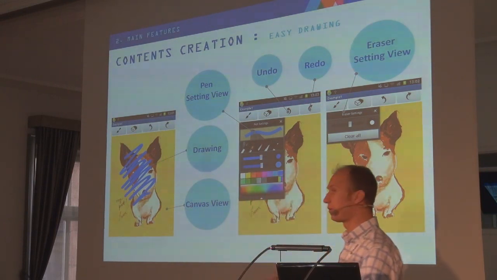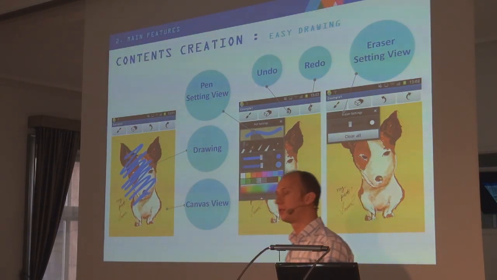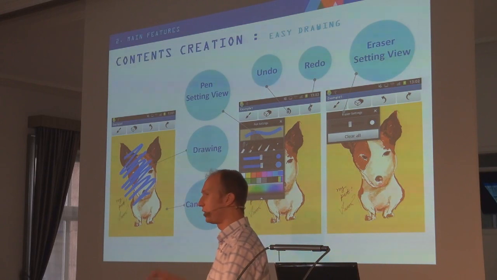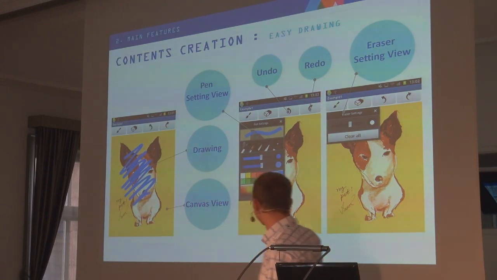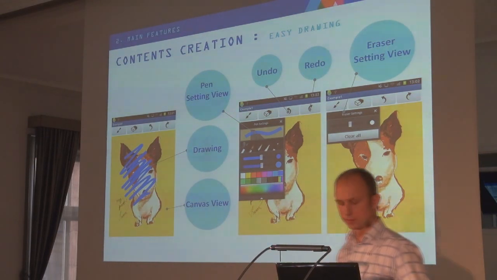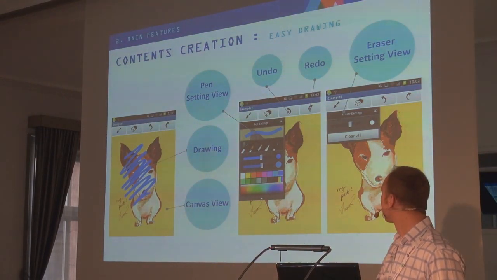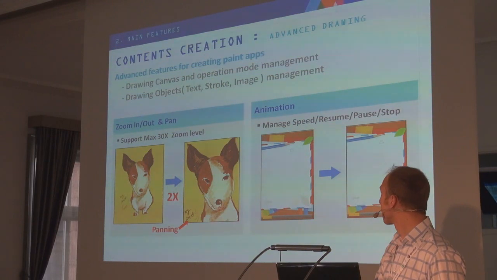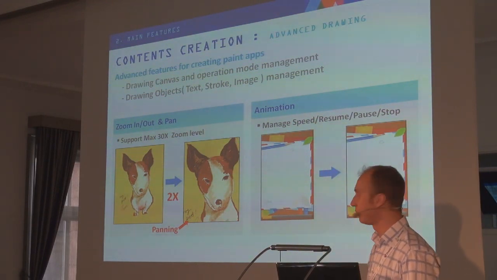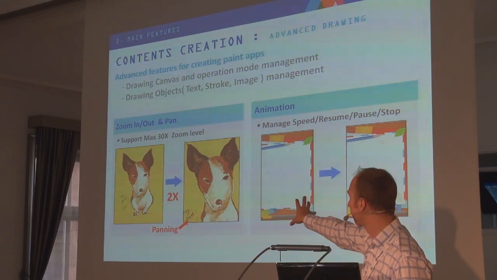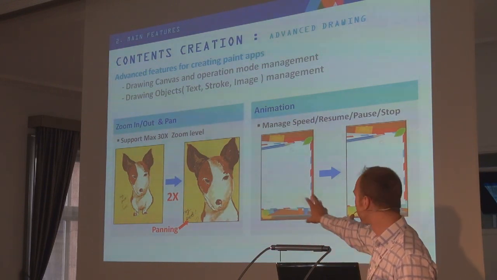Also, this SDK already implements some basic operations like undo, redo, and of course these settings and eraser. What is nice and easy, you can of course zoom the view, and you can pan through the picture.